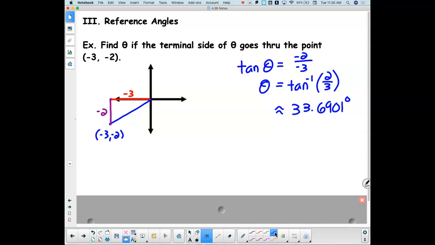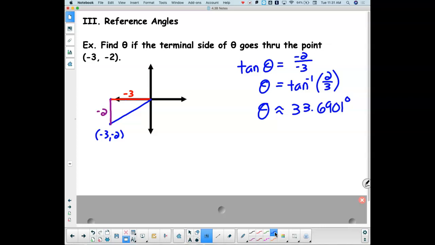No, I got theta as that. You don't need to add the 180 though, because it starts here. How many people agree that theta is 33.6901 degrees? Raise them high. Be proud of your wrong answer.